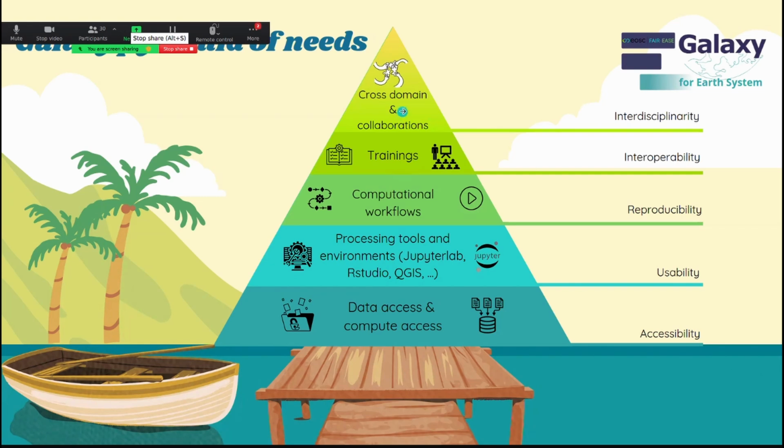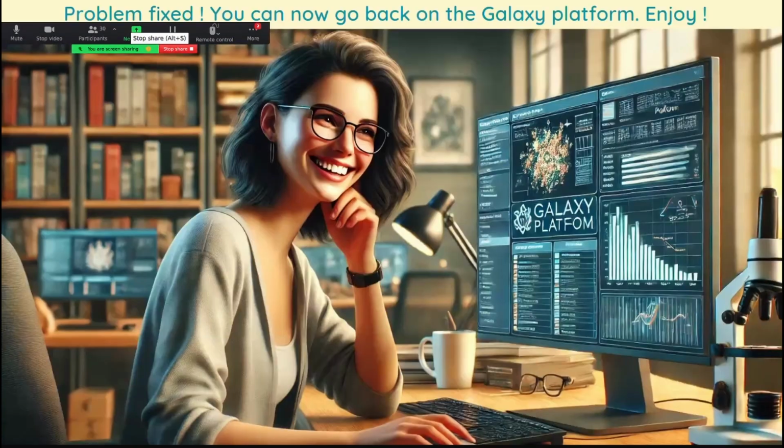So on Galaxy, you are able to do cross-domain. A scientist from ocean can work with a scientist from volcano science and build one big workflow all together on two different domains in one and the same place.